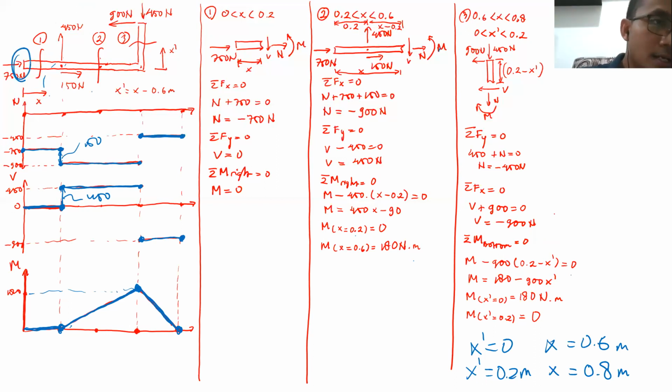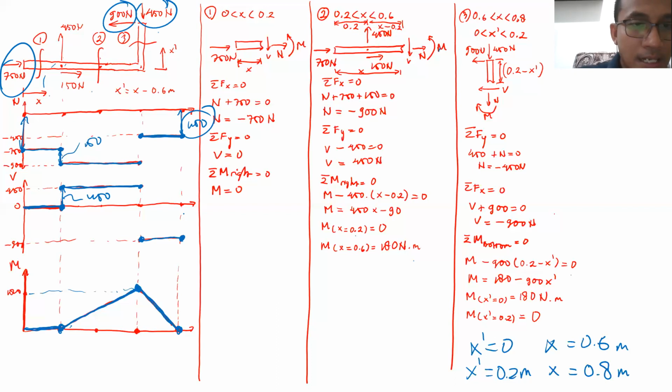At the first end, there's supposed to be a jump from 0 to 750. You can see there's a jump of 750, which is due to this one. Then at this particular edge, there's supposed to be a jump in the axial force. Axial force supposed to be 450. It's correct. Then the shear force, there's supposed to be a jump of 900. It's correct as well.